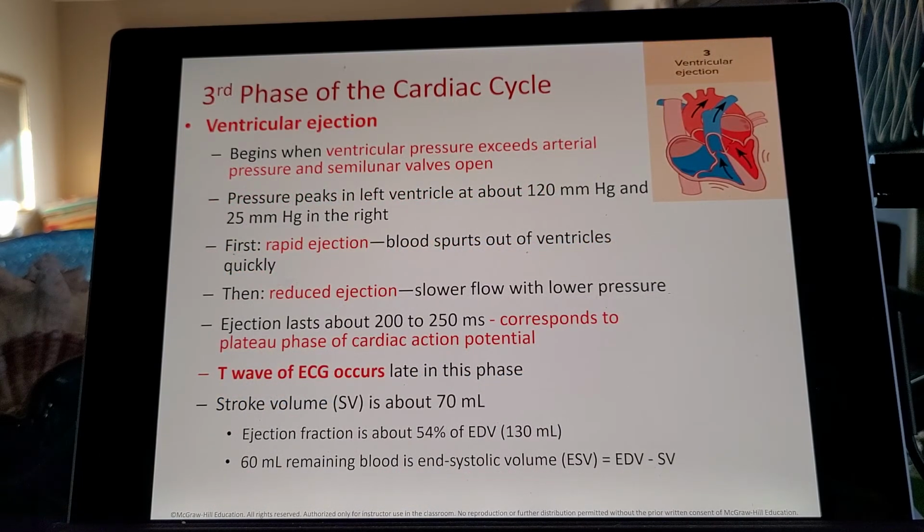Third phase, ventricular ejection. We have built up enough pressure because we have reduced the volume in our ventricles, so our blood's going to move somewhere. Our blood is being ejected out of our ventricles. This is during our plateau phase, as well as starting off our T wave of our ECG at the end of it.